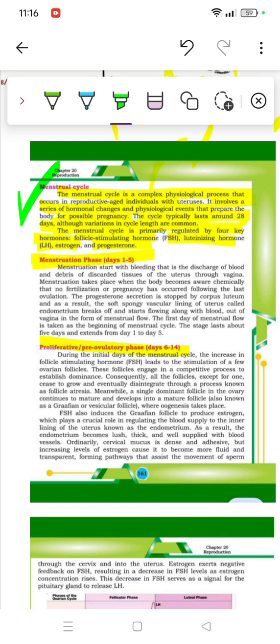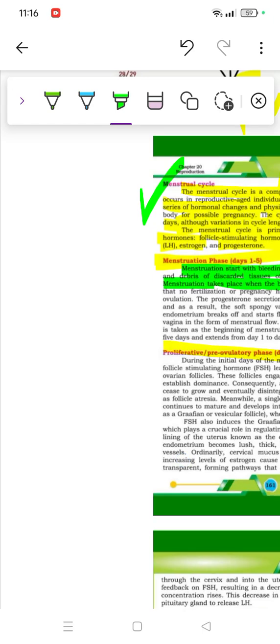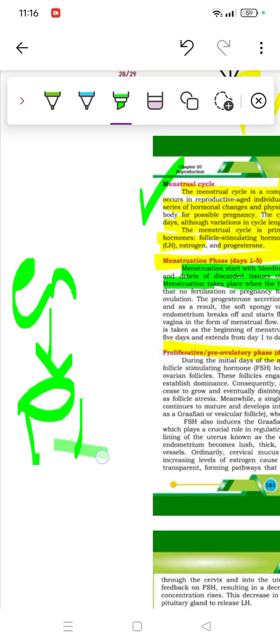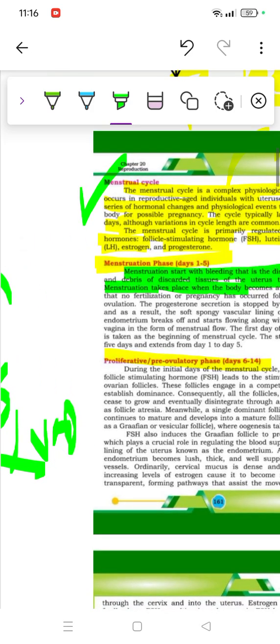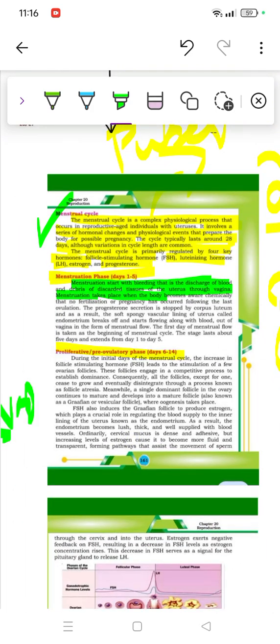So let's see. Menstruation starts with bleeding, the discharge of blood and debris of the discarded tissue of the uterus through the vagina. As I mentioned, our endometrium is going to break, and the blood will pass through the vagina. Menstruation takes place when the body becomes chemically aware that no fertilization, no pregnancy has occurred.